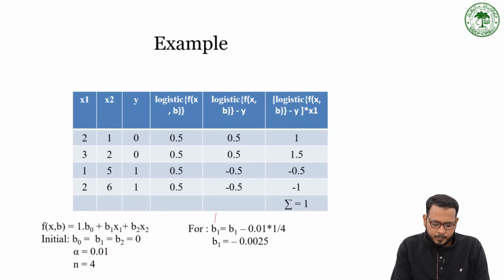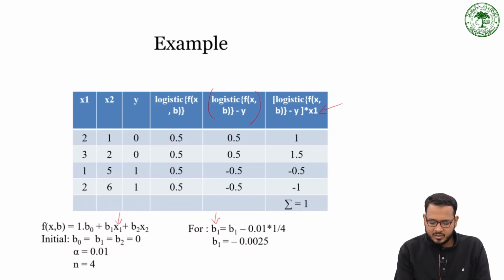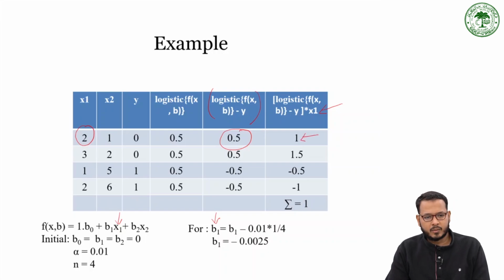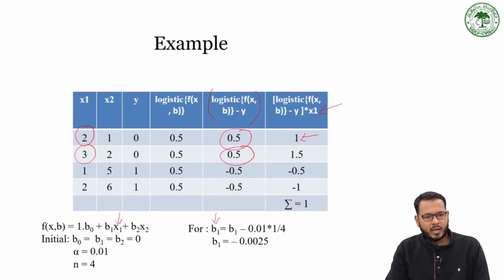When we want to update B1, this time we will multiply the logistic value with the corresponding multiplier. We know that the multiplier of B1 is x1. So we will take this expression and multiply it with the corresponding x1 value, which is 2. The answer is going to be 1. In the next iteration, once again we take the logistic value and multiply it with the corresponding x1 value.